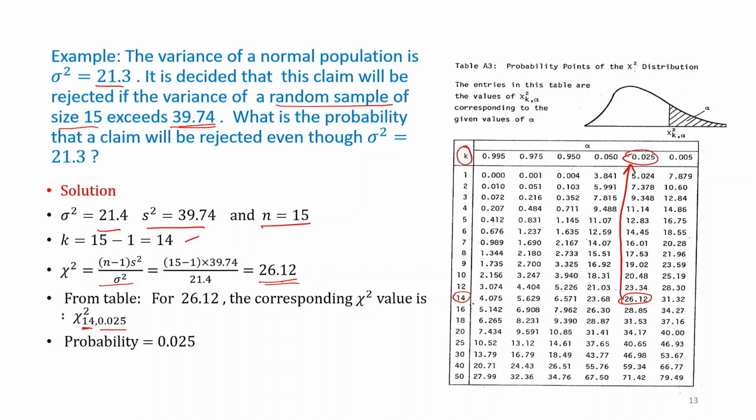So we go this way first, get the figure 26.12 which we have found, and then we find the corresponding value for alpha, 0.025. So the probability that this will be 39.74 is going to be 0.025. So this area is going to be 0.025.